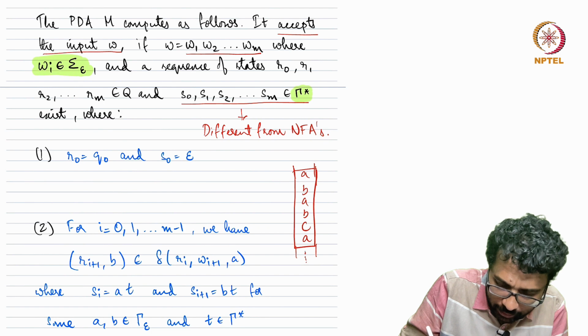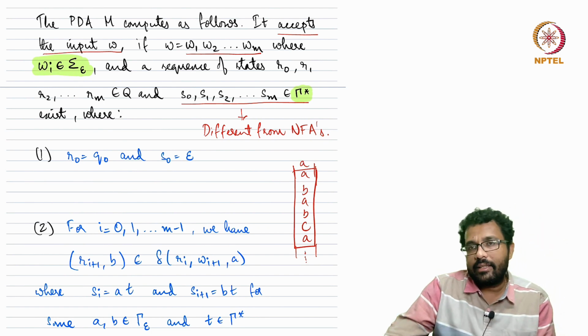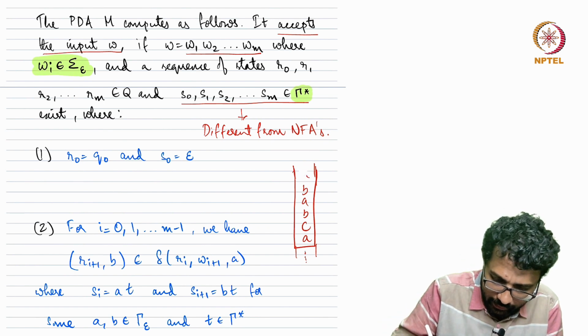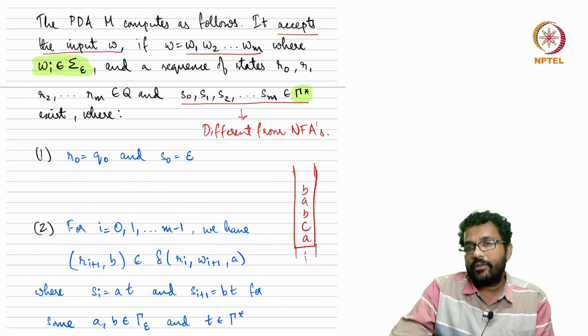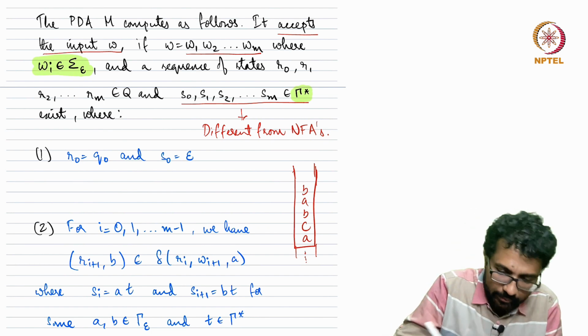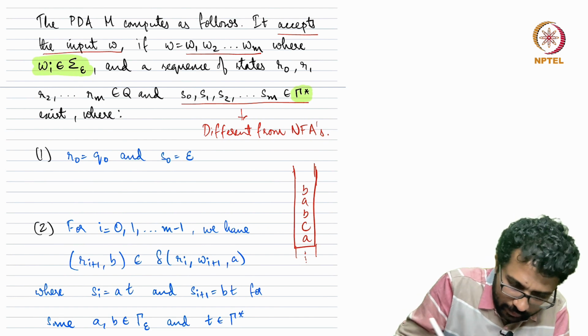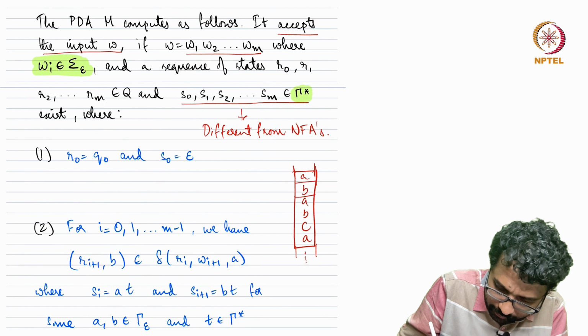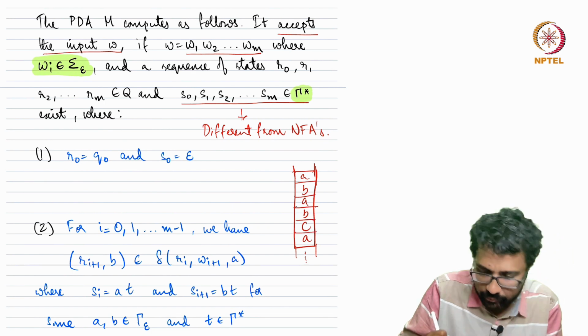Let's say I push A. Then the string in the stack becomes AABCA. I could also pop something from the stack. Let's say I pop the top A. Then the string in the stack becomes BCA. So this is what I mean by the string of the stack.